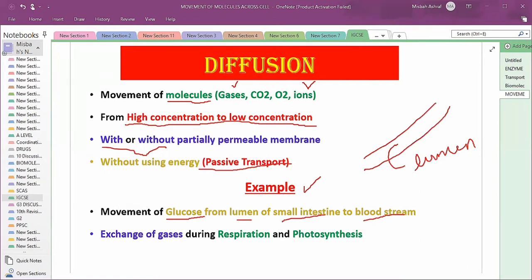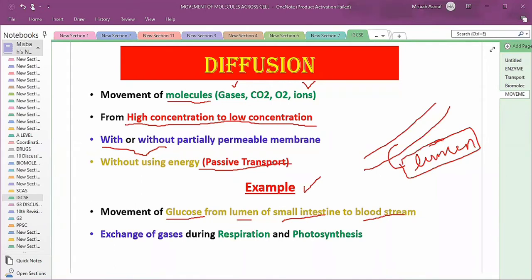All blood vessels have a hollow part inside, and that hollow part is known as the lumen. Then the respiratory tract, that is trachea, bronchi, bronchioles, also have a hollow part inside that is known as the lumen. And we also studied the hollow part inside xylem, which was also called the lumen. The lumen is the general term used for all the hollow parts present inside a tube. So do not get confused that this is only for the small intestine. Wherever you find a hollow part, that will be the lumen.